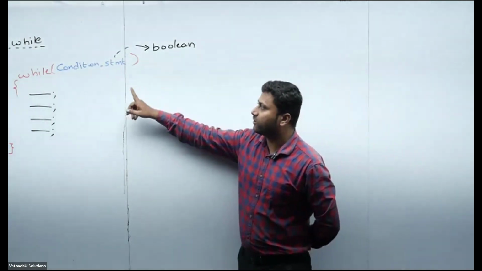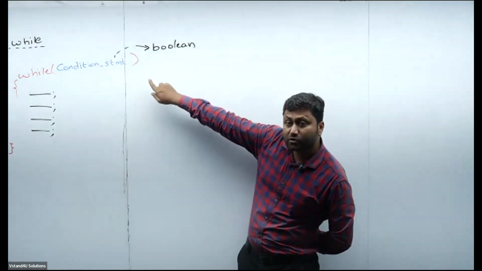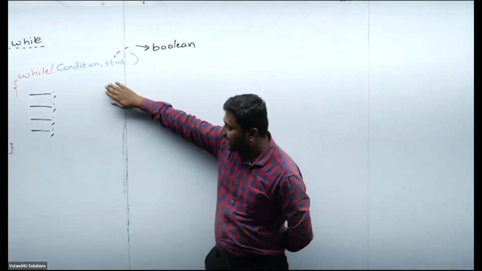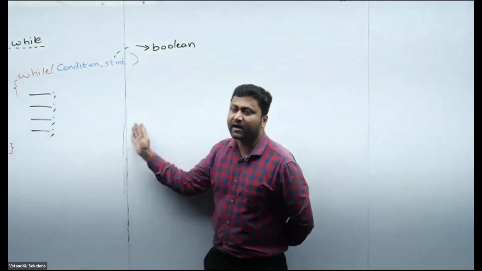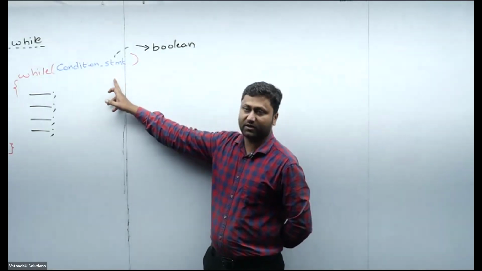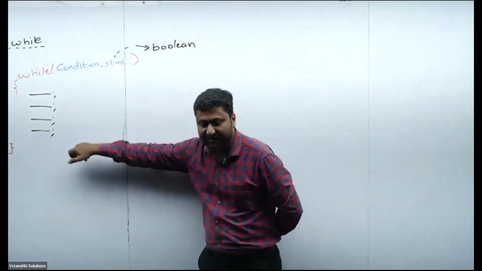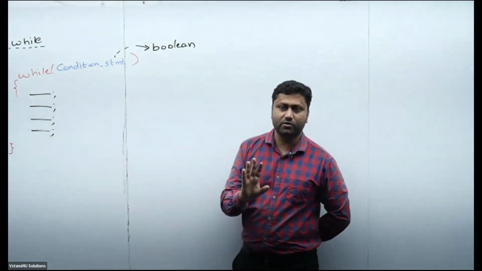If the condition is true, I get into the body of while, execute the body, and come back, check the condition again. If the condition is still true, get into the body again. Are you with me?